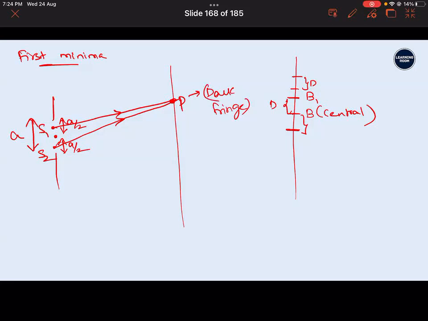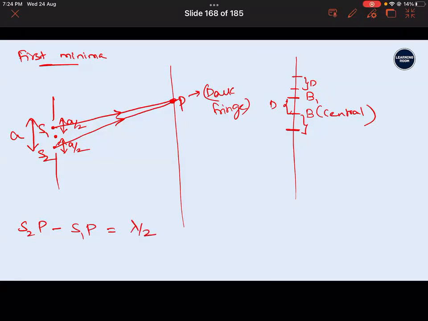Unlike the previous case, can I say that these two rays are traveling different distances? So S2P minus S1P should be the path difference. But the path difference between two consecutive rays is supposed to be exactly lambda by 2 for that spot to have destructive interference.